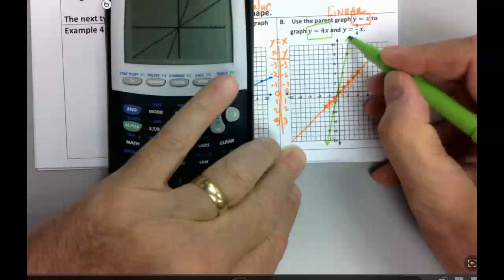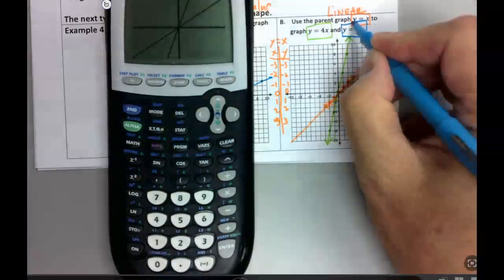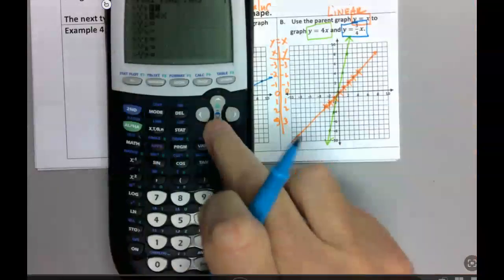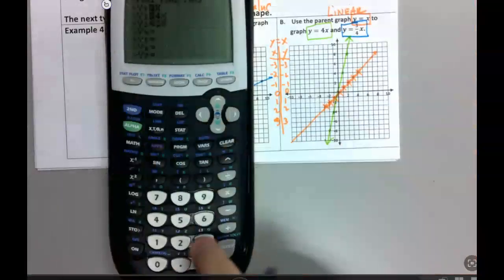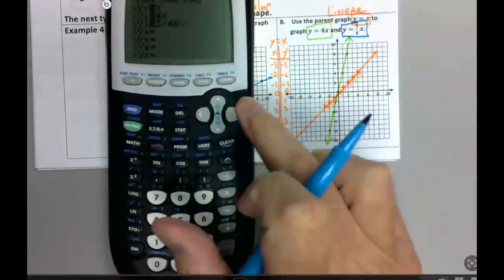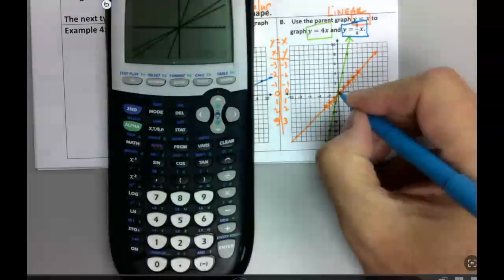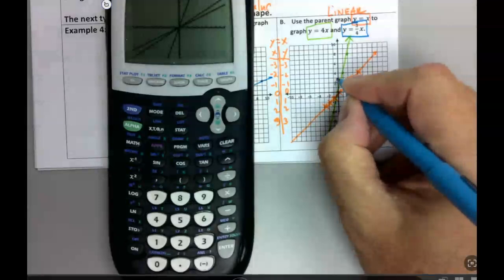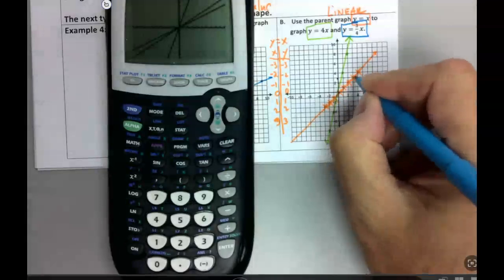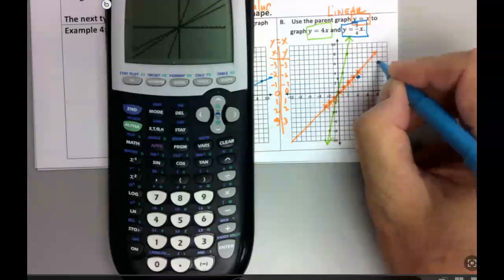It looks like that. The next one we'll do in blue. Three divided by 4 x. Hit graph. This one here doesn't go up as quick, does it? The slope is 3/4. So up 3 over 4.